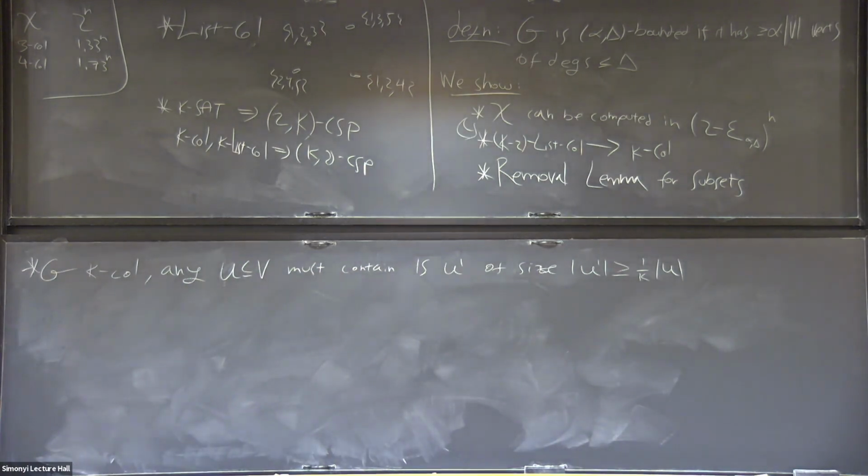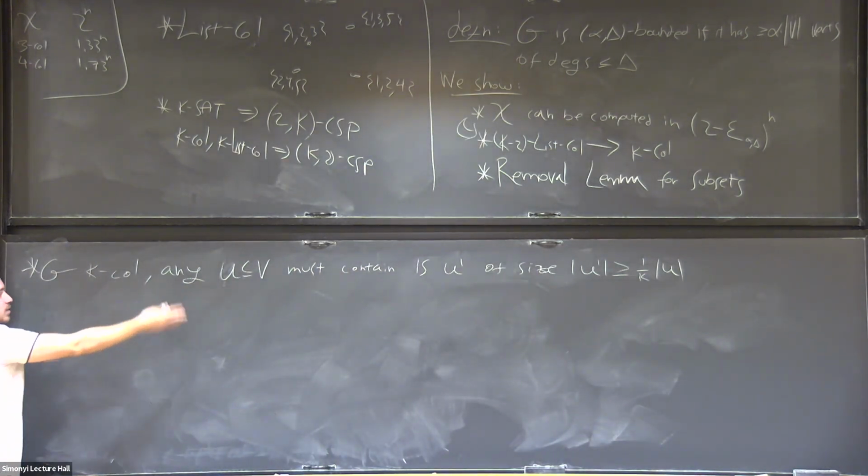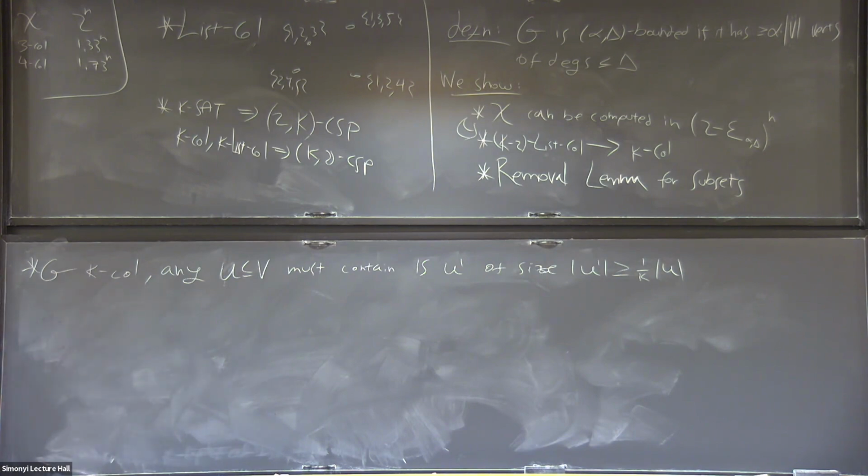Because the biggest color class is an independent set, and so is its intersection with whatever subset of vertices I'm looking at.